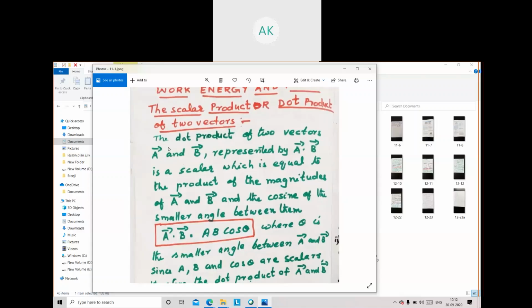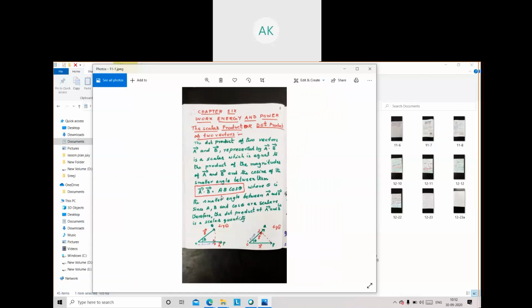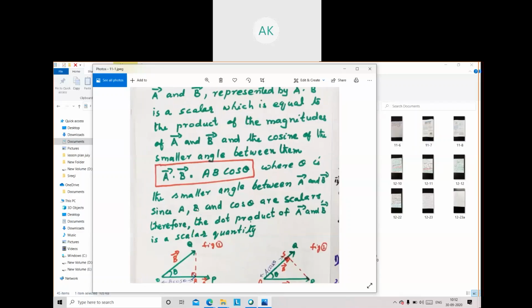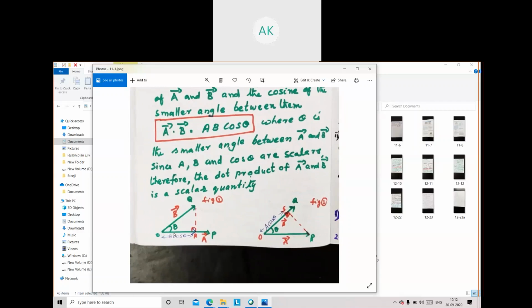For that, we can see two vectors. I will show the figure. These are the two vectors, vector A and vector B, and they are inclined at an angle. These vectors are acting at this point O, and they make an angle theta between them.